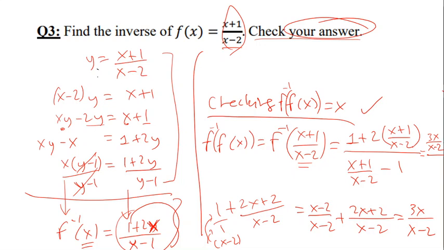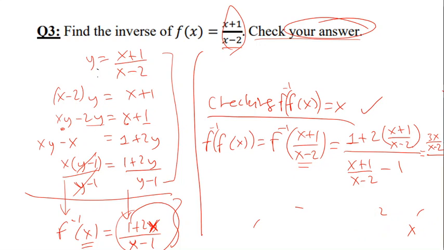Okay, let's do the other one. The other one will be (x plus 2) over, minus (x plus 1) over (x minus 2).